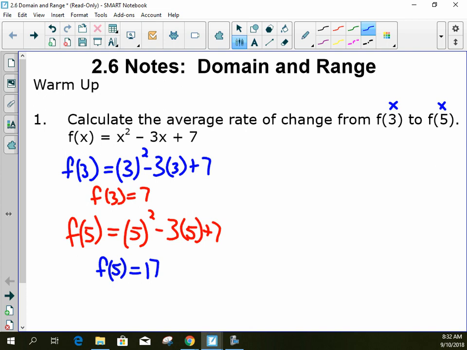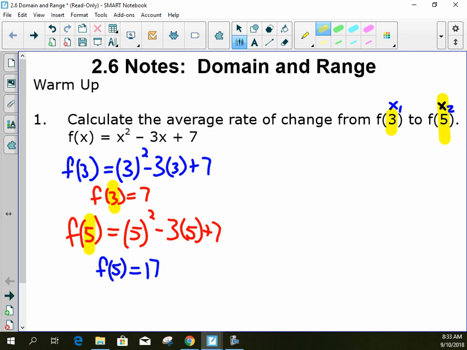So please, please, please, you have to see this. This is your x1. This becomes your x1. This becomes your x2. This becomes your x2.